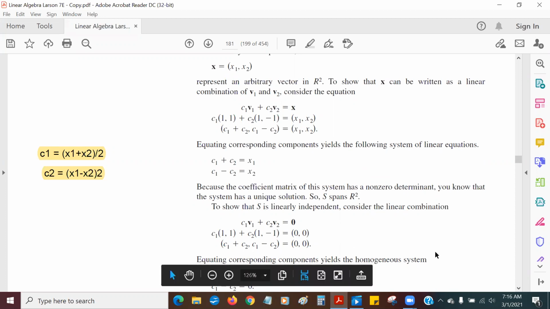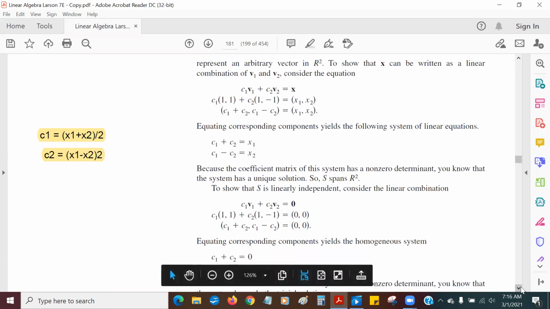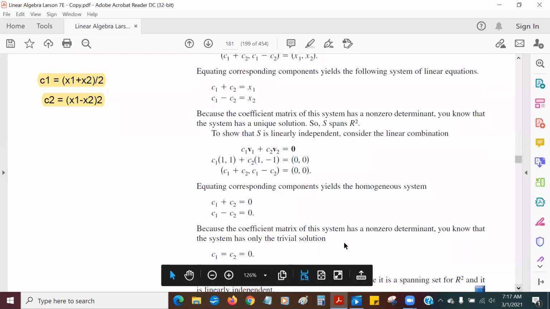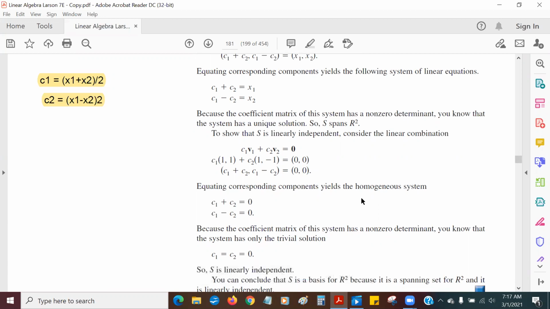The coefficient matrix has a non-zero determinant, which we already established. That means the only solution is the trivial solution, C1 equals C2 equals 0, and that means S is linearly independent.